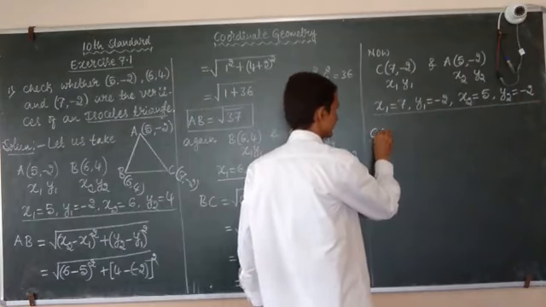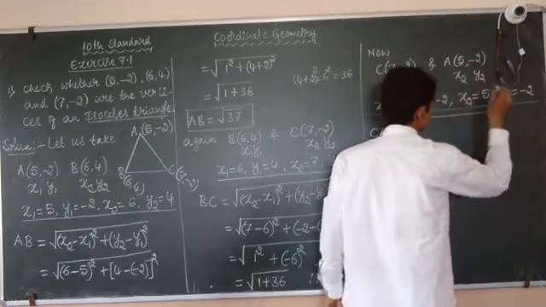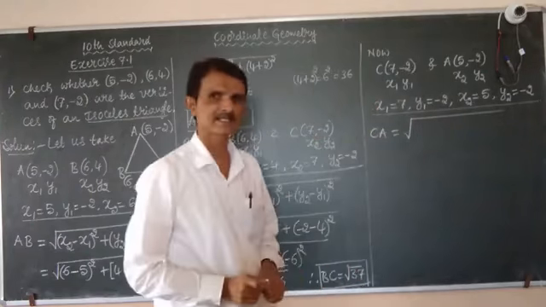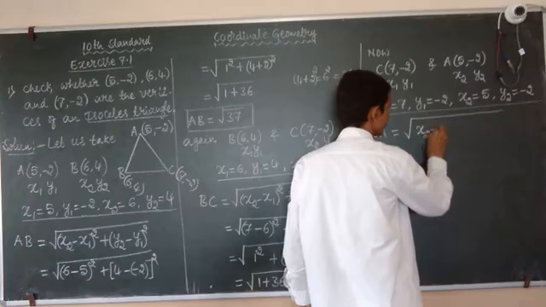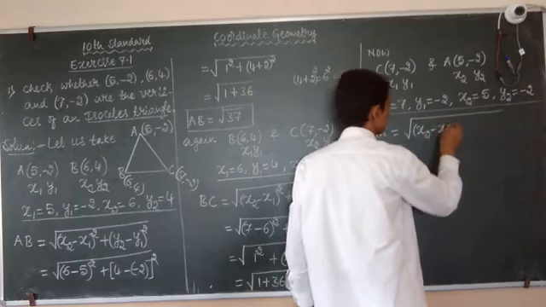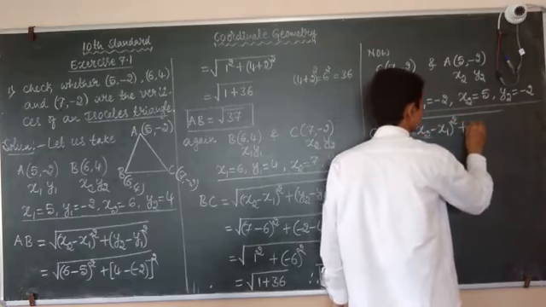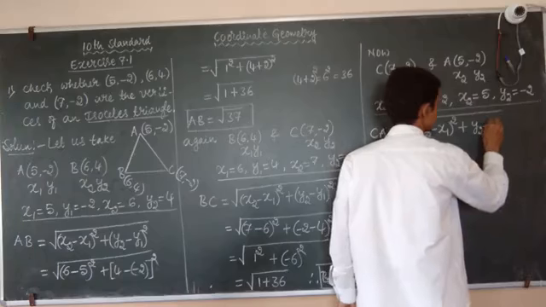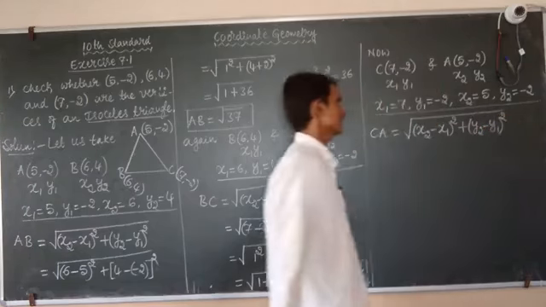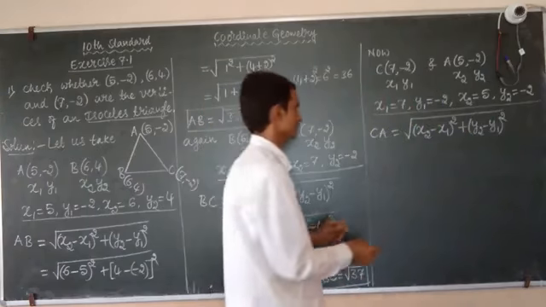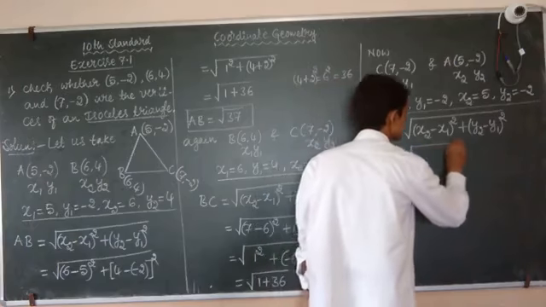CA, the length of CA or distance between C and A, is equal to root of (x2 minus x1) whole square plus (y2 minus y1) whole square. So substitute and simplify. Observe clearly. Substitute the correct values.